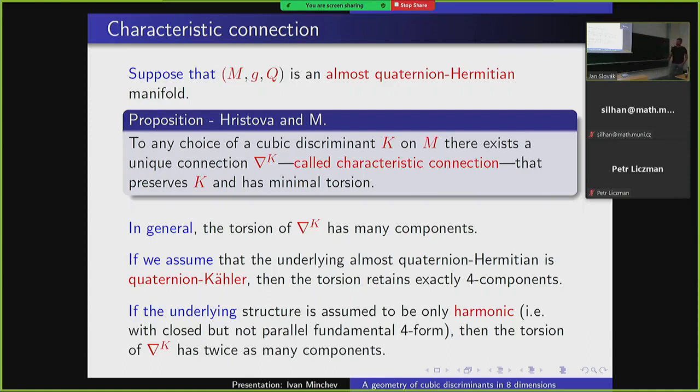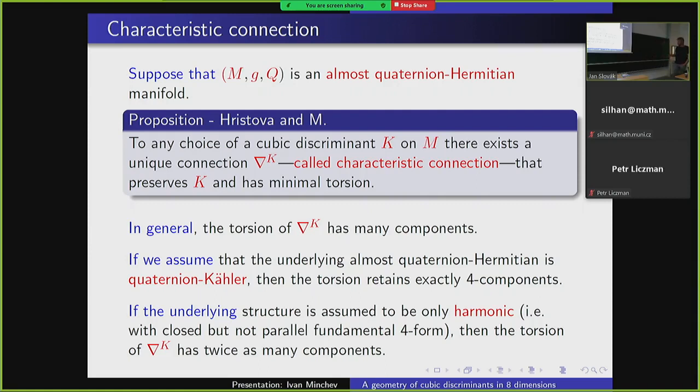This is also specific only to dimension 8: it's possible to have an almost quaternion-Hermitian manifold with closed fundamental 4-form, which is also called harmonic, which is not parallel. This doesn't happen in higher dimensions. If you assume this, you get more components, about twice as many components of the torsion of this intrinsic connection. I'm not going to go into this more because it's not that important.